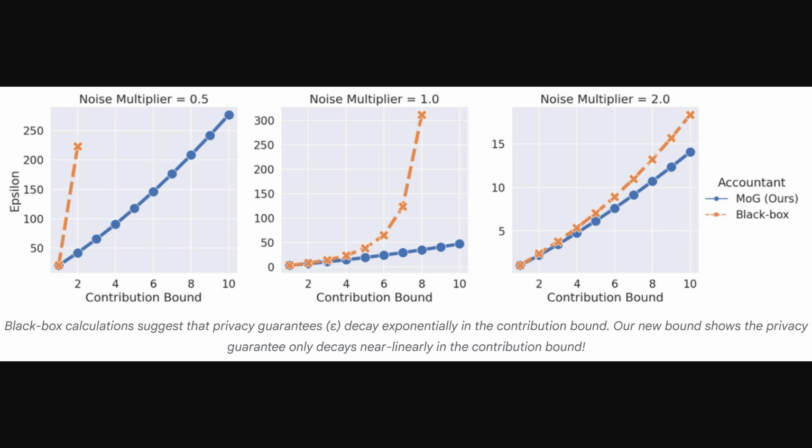The key thing is the blue line, their MOG method, which stands for Moments Accountant, a sophisticated way to precisely track cumulative privacy loss. It shows epsilon growing much more slowly, almost linearly, with the contribution bound. Previous black box calculations, shown by the orange line, suggested epsilon would grow exponentially, meaning privacy guarantees would degrade much faster. This new analysis is a big deal for making example-level sampling more practical.